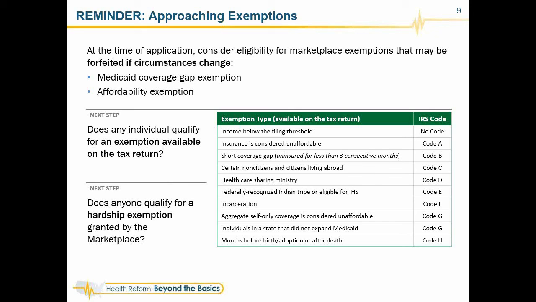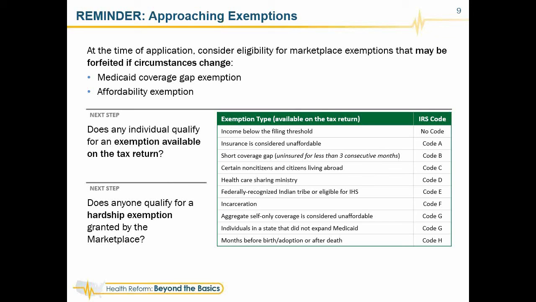So in particular, I'm thinking about the Medicaid coverage gap exemption and the affordability exemption. Both of those are based, at the marketplace, on projected income. And so if you can tell based on someone's projected income that they appear to be eligible for this exemption, it's a really helpful practice to just help them claim it.